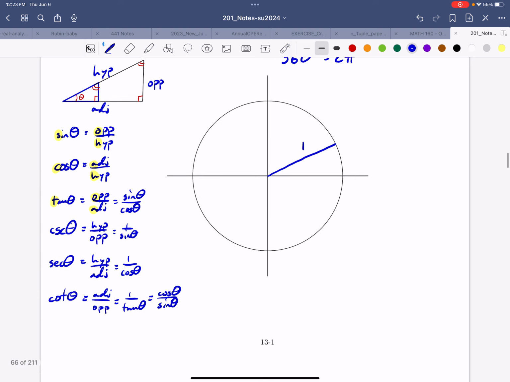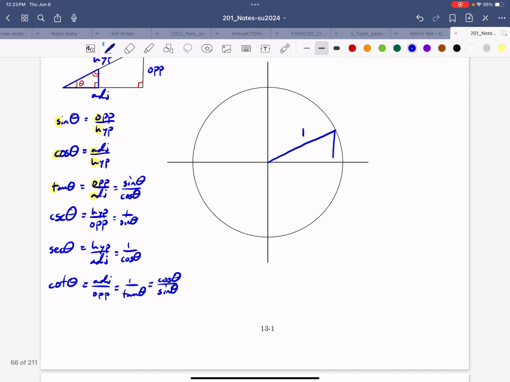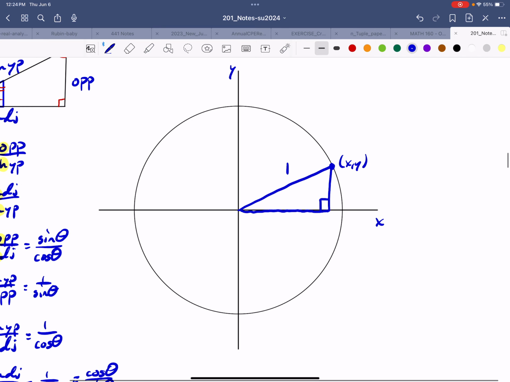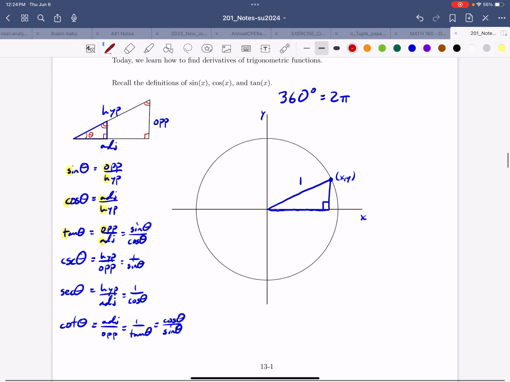Anyway, let's think. If we have a circle of radius 1, then I guess we can consider the triangles whose hypotenuses are always 1, right? In particular, if we consider this triangle, we can uniquely reference that triangle with this coordinate right here. Now, of course, we're on the xy axis, so this is the xy coordinate. But if you think about it for a second, remember that cosine was defined to be adjacent over hypotenuse, right?